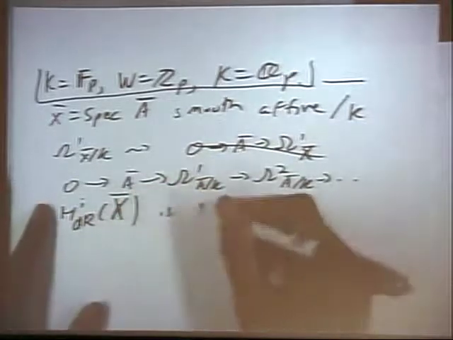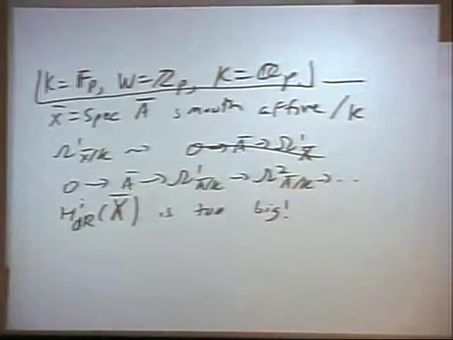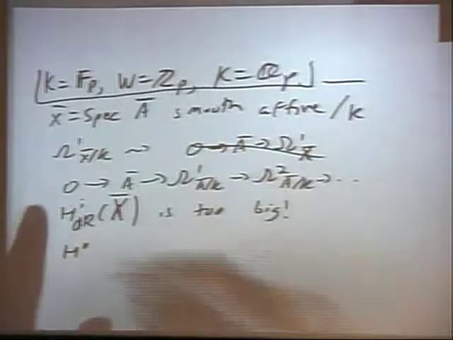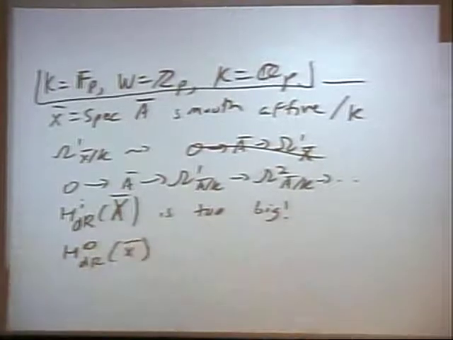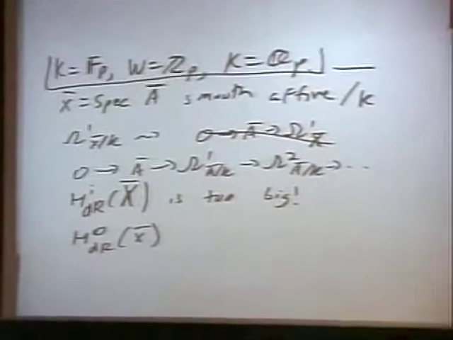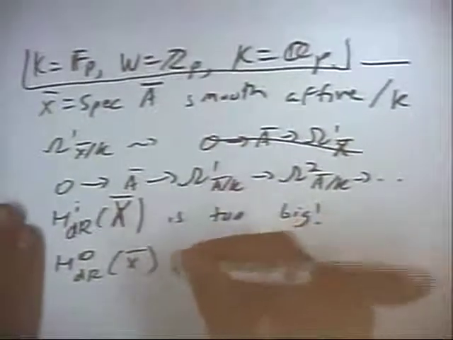But this is much too big to be of any consequence, at least from the point of view of doing things like computing zeta functions, because already H^0 is very large. So H^0 is supposed to have something to do with connected components, whereas this H^0 is quite large.